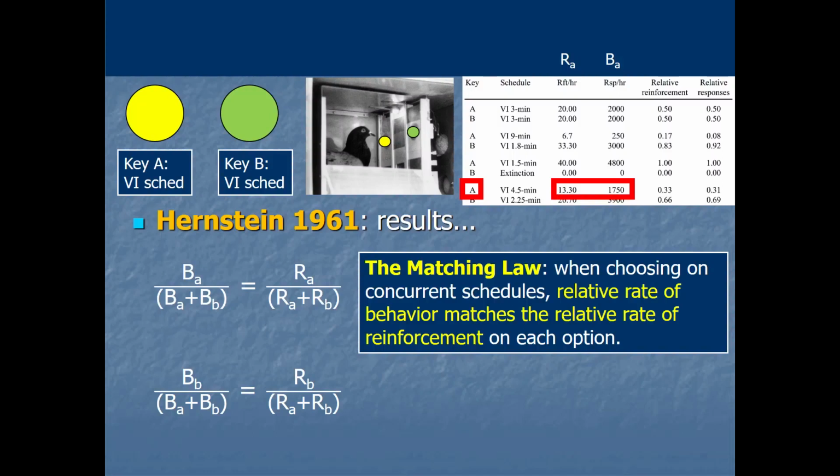We can just plug that in. And same thing, we can plug in the part for key B, right? We've got R sub B. That's how many reinforcers they got on key B, on the green key.